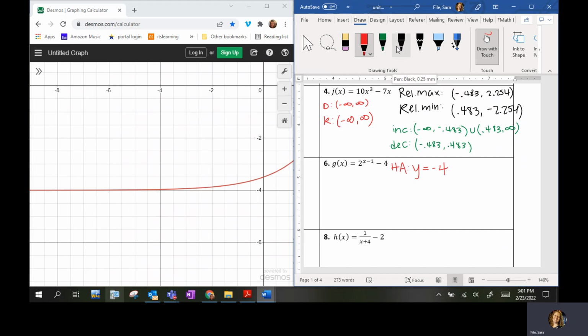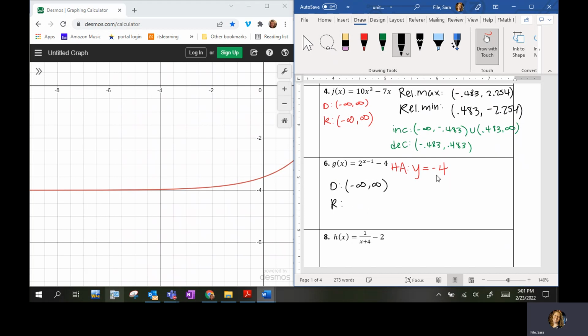No vertex or center here. Domain. Exponential is all reals, just like for, that's the range for log, because remember they're inverses. So it doesn't matter how this exponential is reflected. It can be reflected over the x, it can be reflected over the y, but the domain's going to, left and right is going to go on forever.